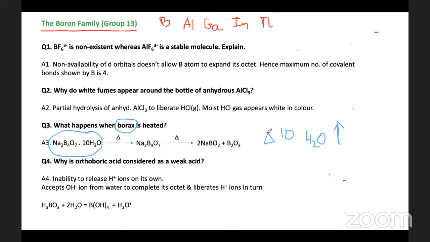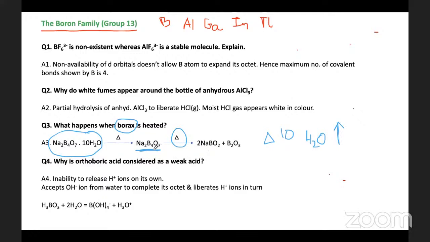So when this heat is applied, these 10 molecules of water will be expelled, and we have anhydrous Na2B4O7. Now if we heat this anhydrous Na2B4O7 with more heat, then these reactions occur. We have NaBO2, sodium metaborate, and B2O3, that is the boric anhydride.